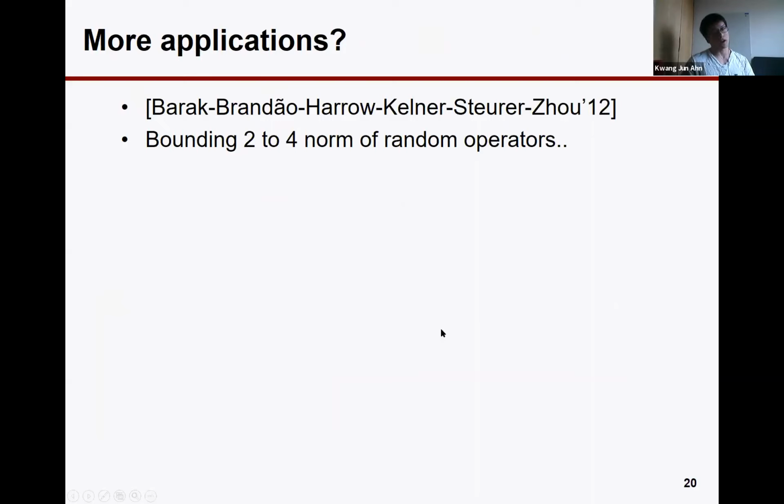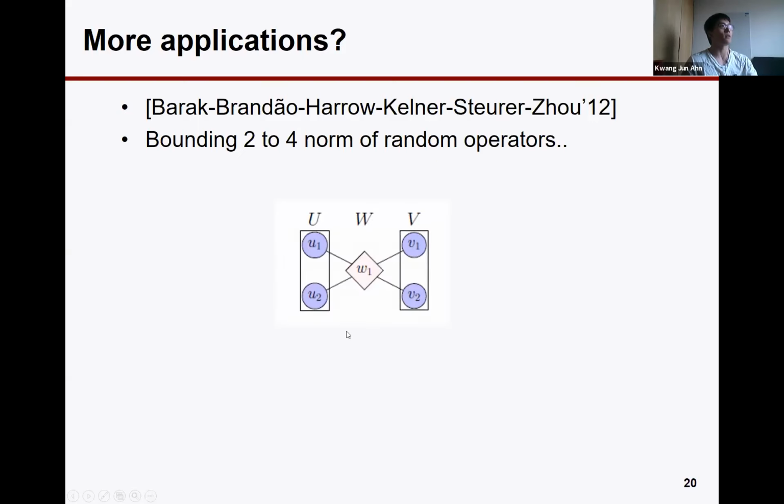Since there's limited time, I'll just briefly mention what other applications we were able to capture. For this famous hypercontractivity paper, where they bound the 2 to 4 norm of random operators, it's a really complex concept, but it turns out we can capture that with this simple graph matrix.